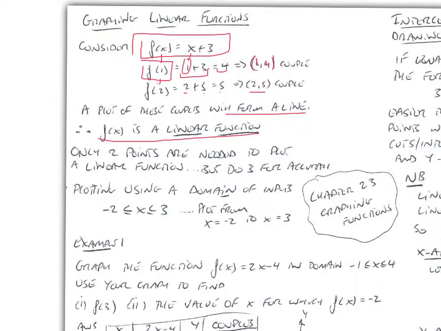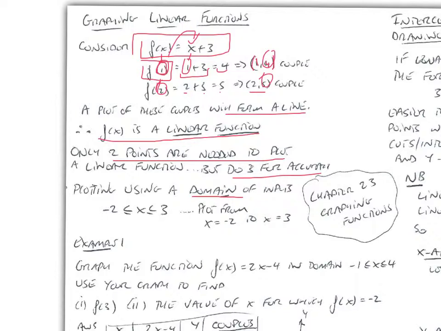Okay? And to plot a linear function, really only 2 points are needed, but we do a third one for accuracy. Often when we're asked to plot a linear function, we're given a domain of inputs, these values to put in for our x values to spit out our y values, or our f of x values.